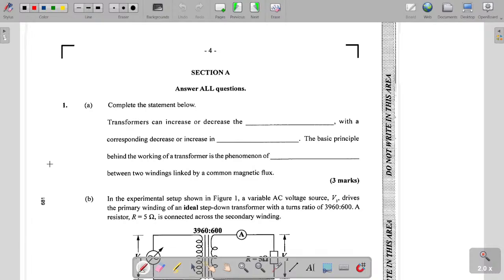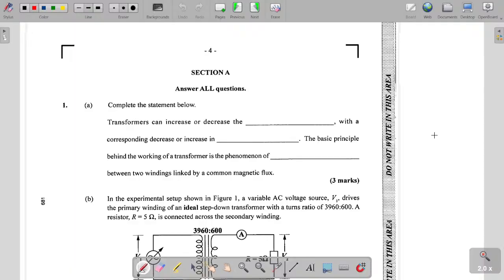Now, you should have done transformers in the electronics and electrical topic, that's the electromagnetism topic, and we know that a transformer is a device that we use to increase or decrease the voltage of an input signal.